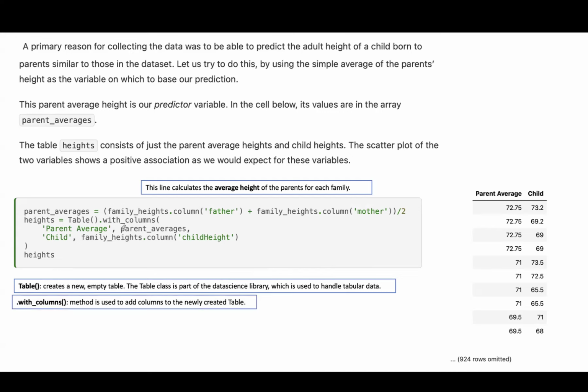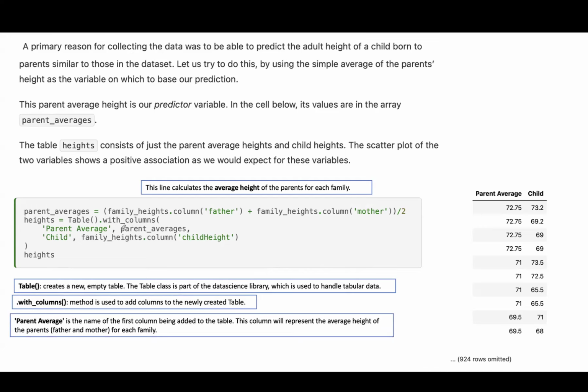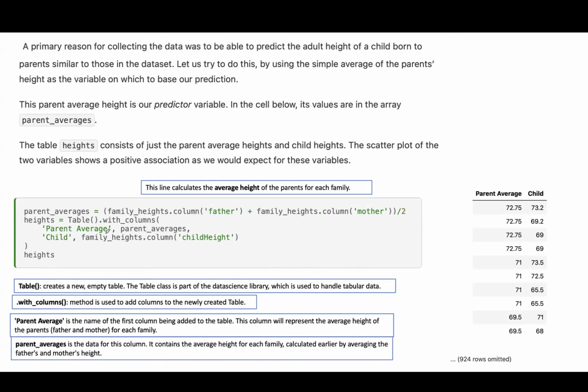With columns, this method is used to add columns to the newly created table. And finally, parent average is the name of the first column being added to the table. This column will represent the average height of the parents. And parent_averages is the data for this column. It contains the average height for each family, calculated earlier, by finding the average of the height between father and mother.